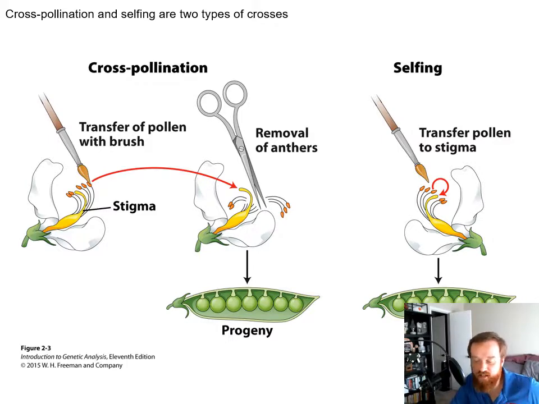So we talked a little bit about self-pollination or selfing, and I just want to make a quick distinction between cross-pollination and self-pollination, because that's going to be very important for talking about Mendel and how we set up these experiments. So in cross-pollination, that's where you take pollen from one parent, and in this example, we use a little paintbrush. Like if we were to do this in the lab, we would take a little paintbrush and get some pollen stuck to it.